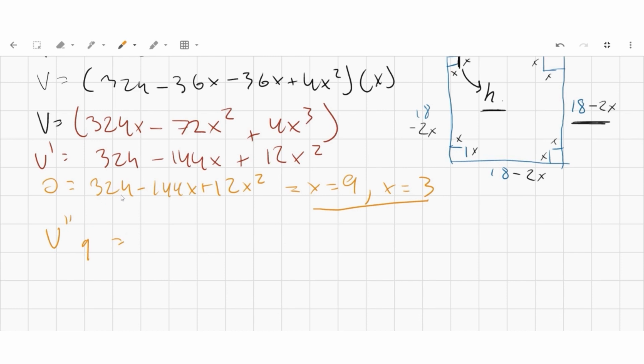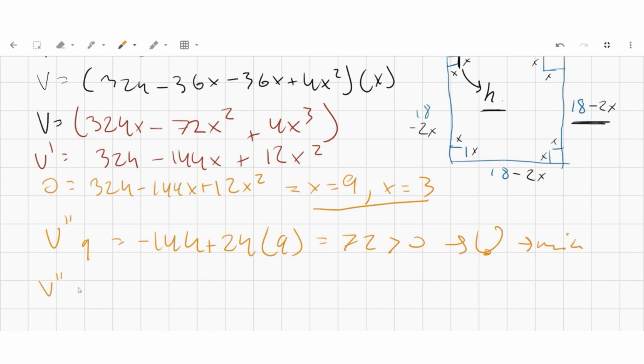This is a constant in this case. It's going to be 0 minus 144x, so it's going to be minus 144 plus 24x, so 24 multiplied by 9. The final value is going to be 72, which is greater than 0, which means it concaves up. It's going to be a minimum.